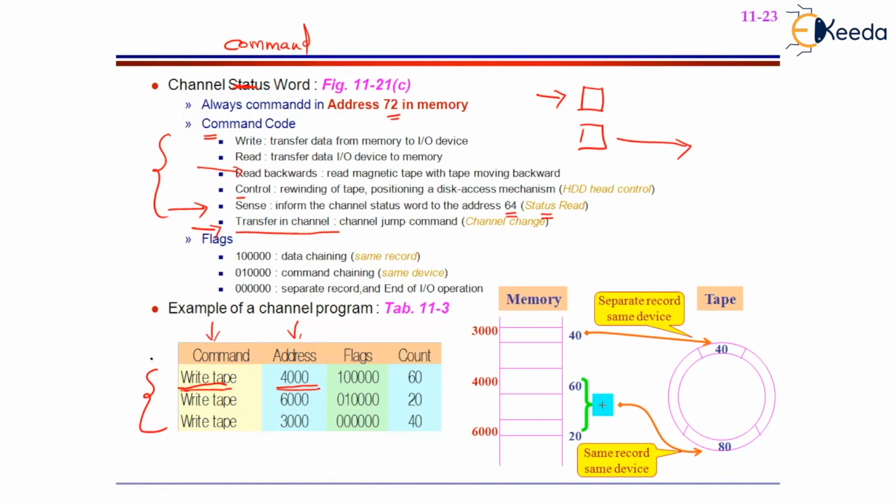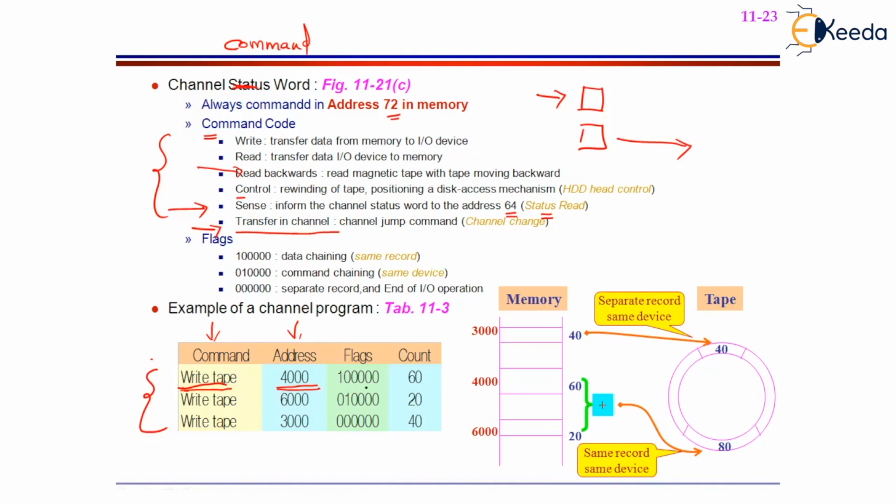What is write? From the main memory to the tape, the contents will get transferred. But we need to identify the address from which the transfer should be initiated. The address shows from which location the data has to be transferred. The initial address is 4000. So right from the 4000th memory location, the transfer is initiated to the tape recorder.